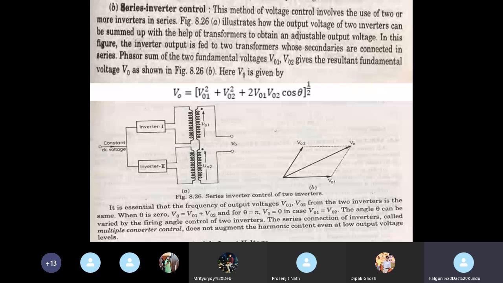This angle, that means the angle between V01 and V02, can be varied by the firing angle control of the two inverters. The series connection of inverters, called the multiple converter control, does not contain harmonics even at low output voltage levels.